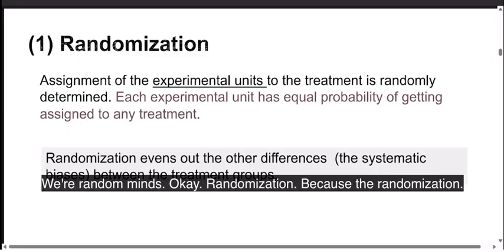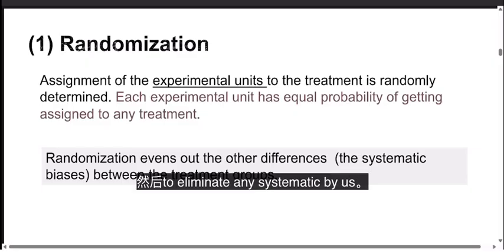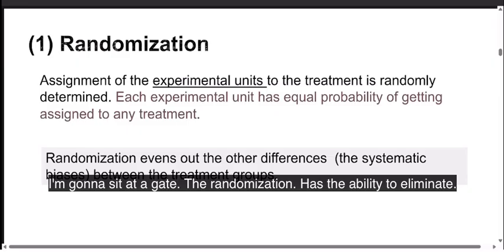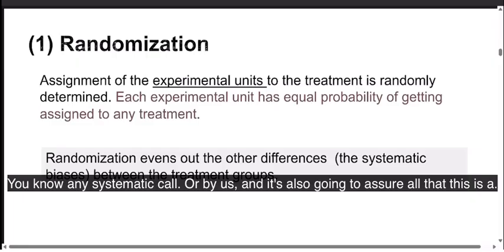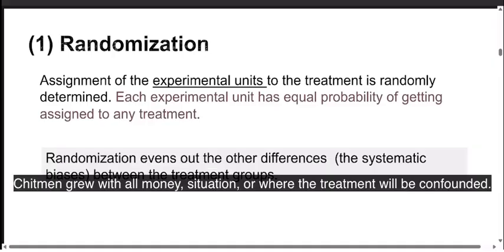Randomization has the ability to eliminate any systematic bias, and it also balances known and unknown confounders across treatment groups.